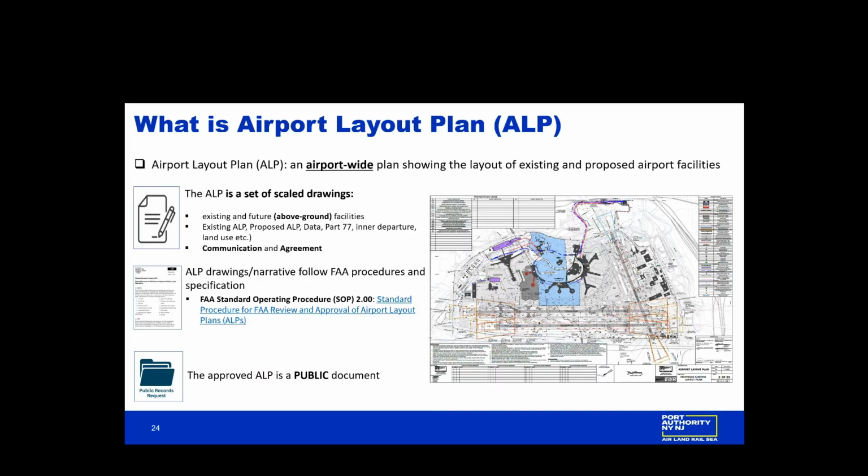It's basically what they want to see on the ALP and what we agree with them to show on the ALP. Thirdly, an approved airport layout plan is a public document, meaning everyone can request a copy once it's approved. Next slide, please.